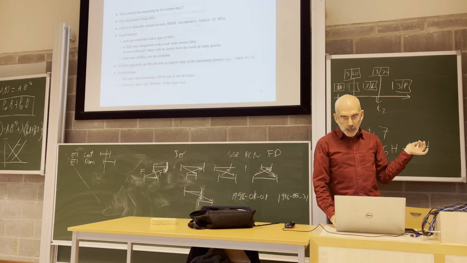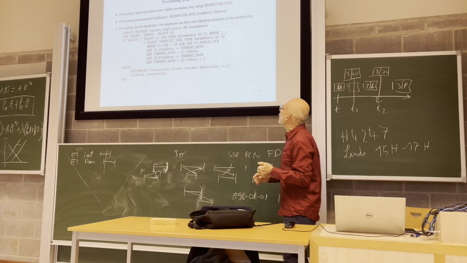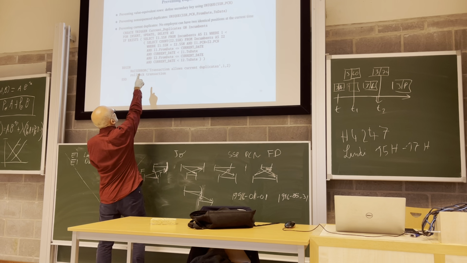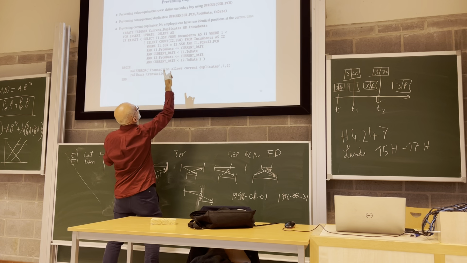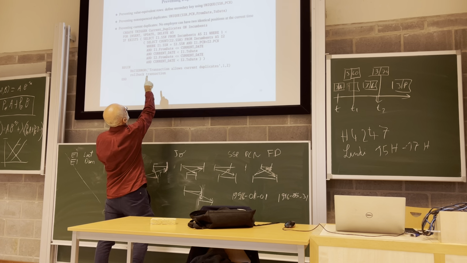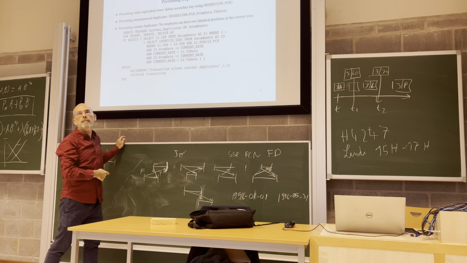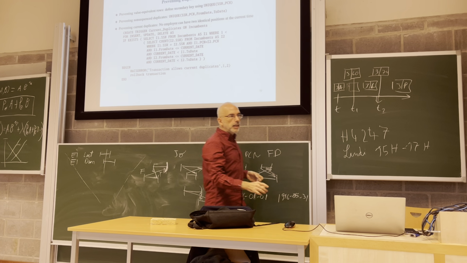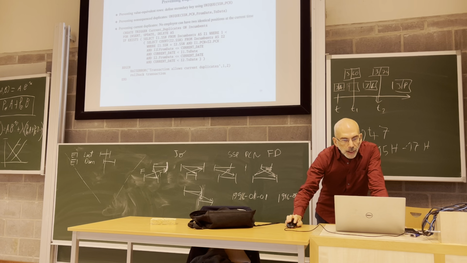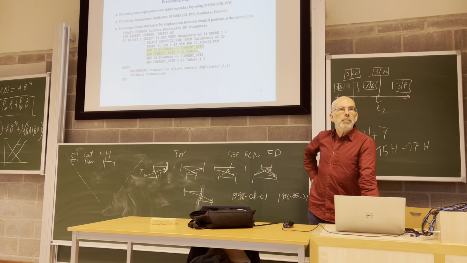So now it's similar, but we are filtering here from current: the period from date and to date includes the current date. So with these two lines, we are saying the period includes the current date.